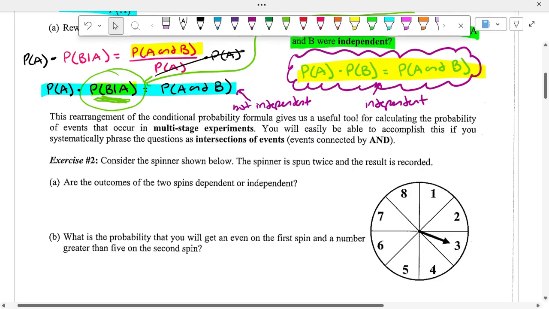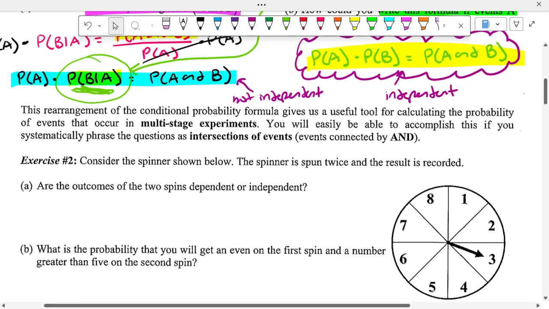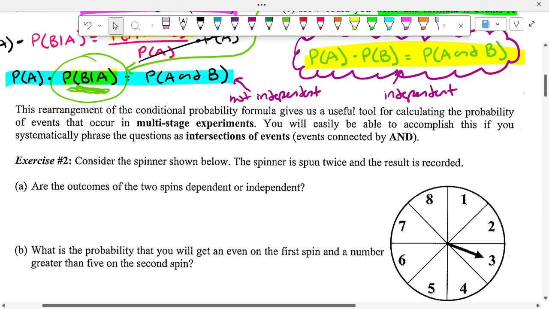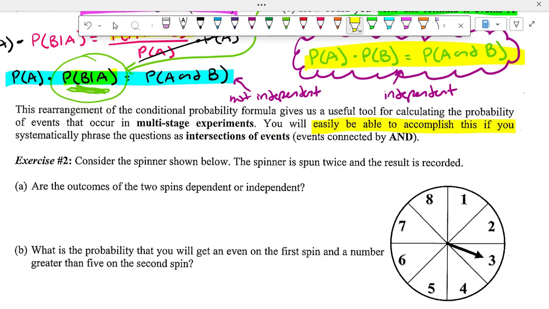So this arrangement of the conditional probability formula gives us a useful tool for calculating the probability of events that occur in multi-stage experiments. You will easily be able to accomplish this if you systematically phrase the questions of intersections and events. Remember, that is an and statement.